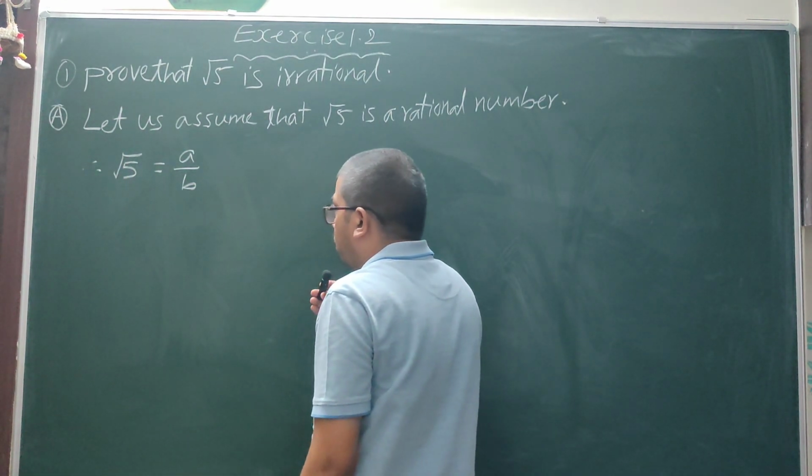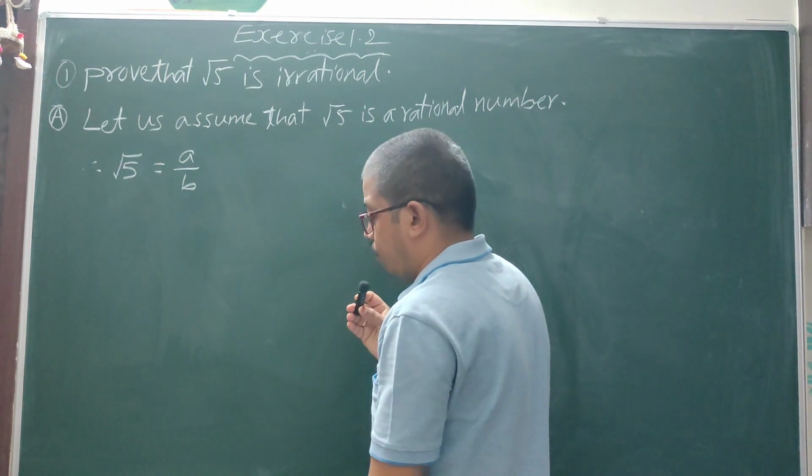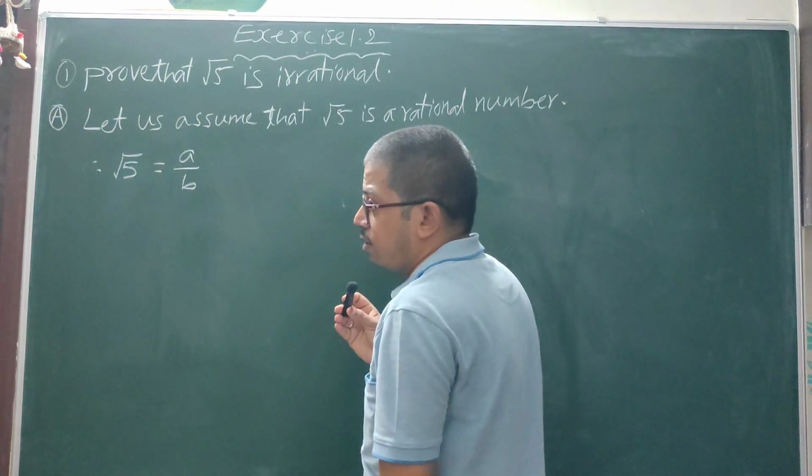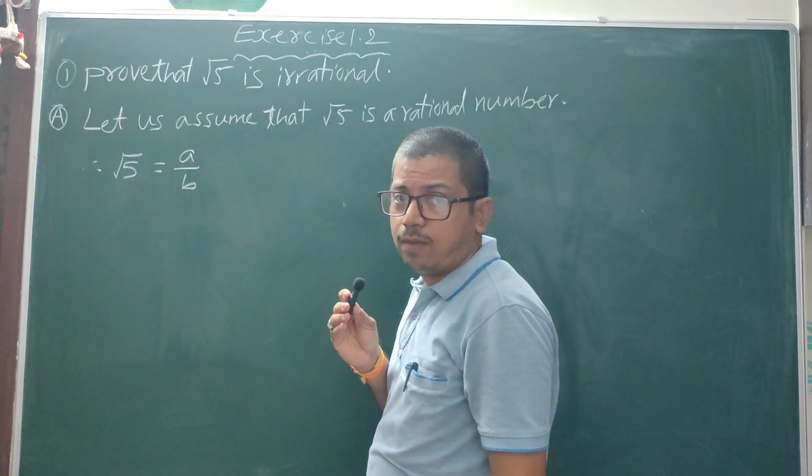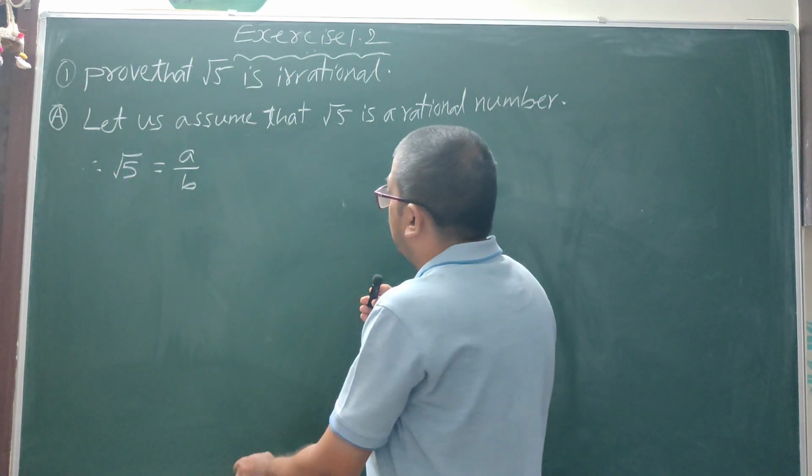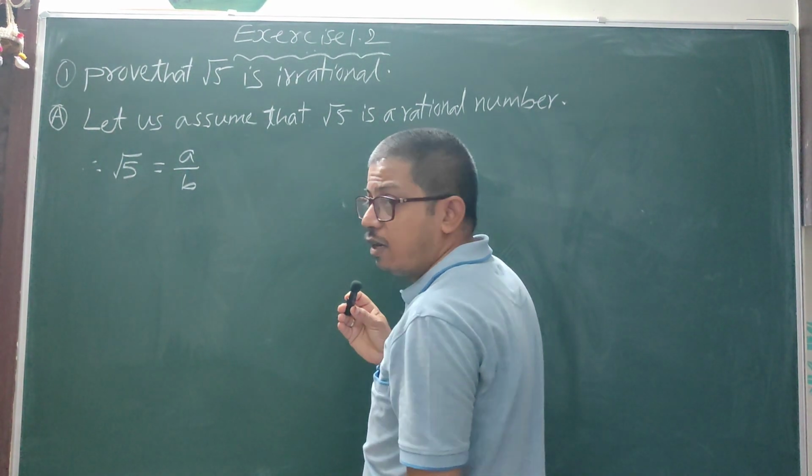Root 5 equal to a by b, because we have assumed that root 5 is a rational number.